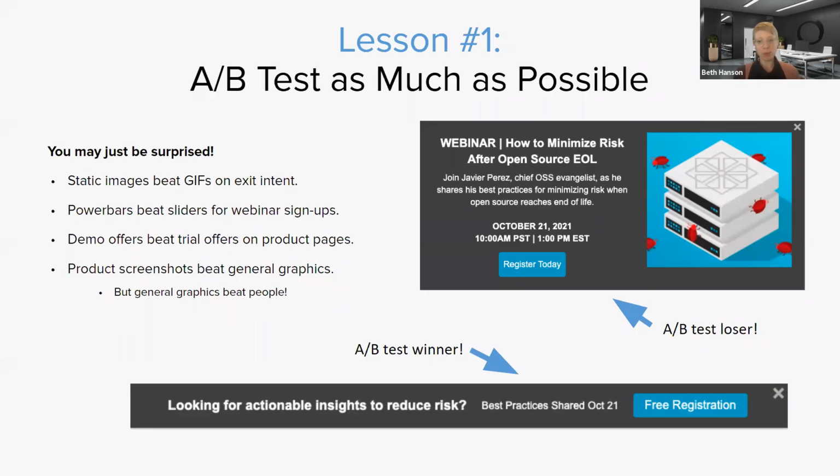And we found that the power bar in this case was working better than the slider to get people to sign up for the webinar. So that was one of the surprising things we learned. We also noticed that product screenshots tended to beat general graphics on our campaigns as well.